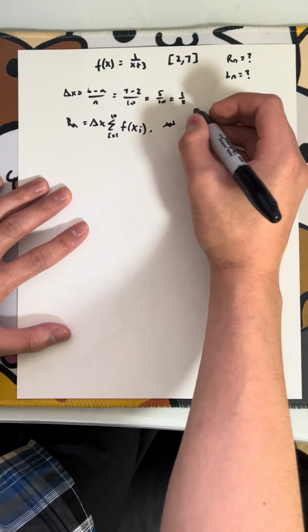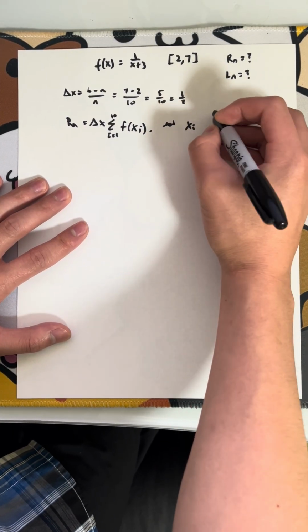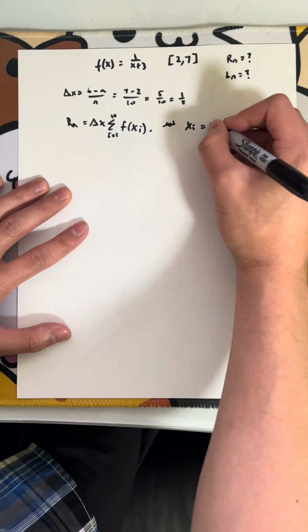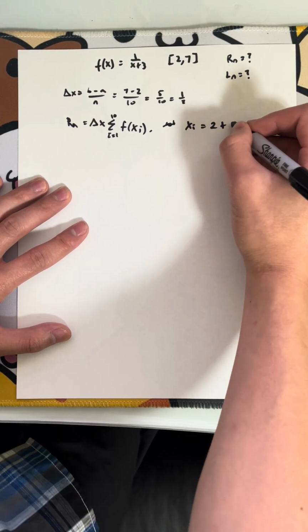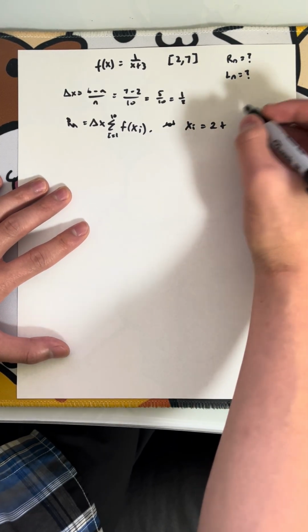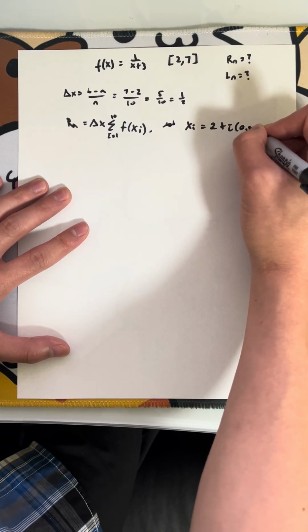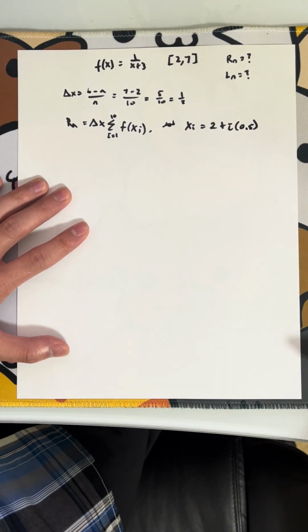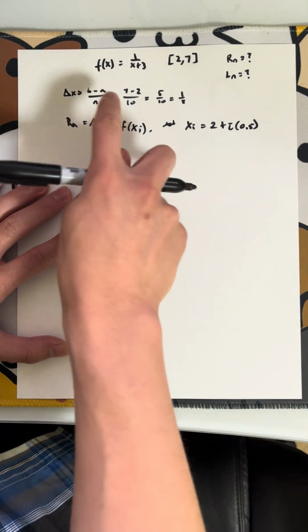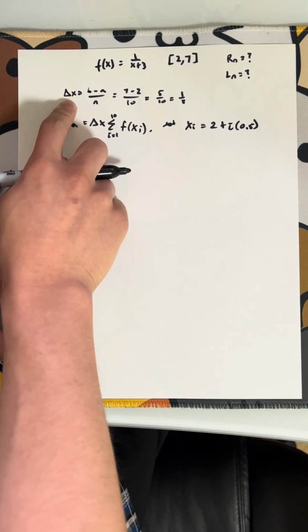The sample point is equal to 2 plus i times 0.5, where 0.5 is the width.